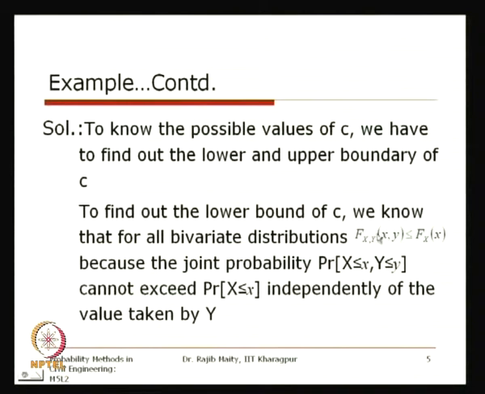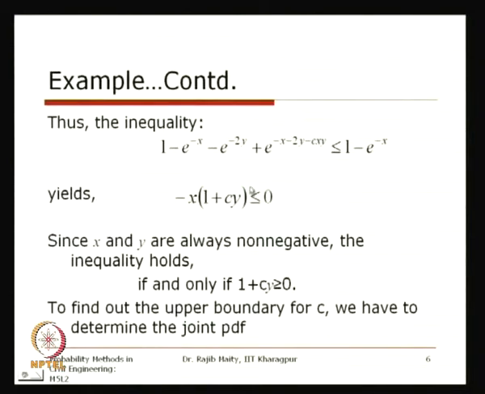Now if we use this condition, we have seen both things: this is the joint distribution and this is its marginal, F_X(x). Following this inequality, and since x and y are always non-negative, the inequality holds if and only if 1 plus c y is greater than or equal to 0.